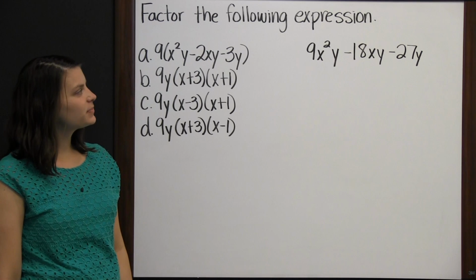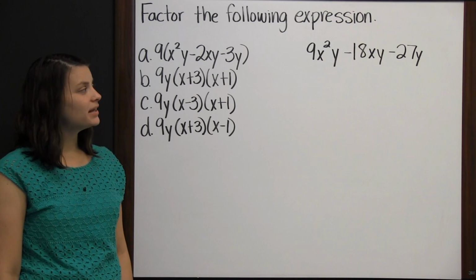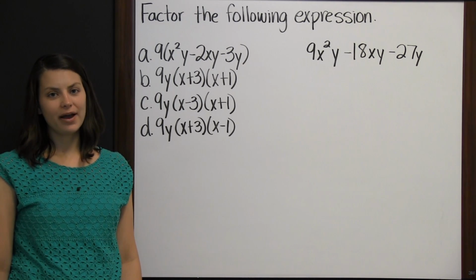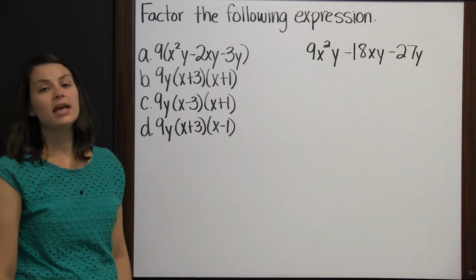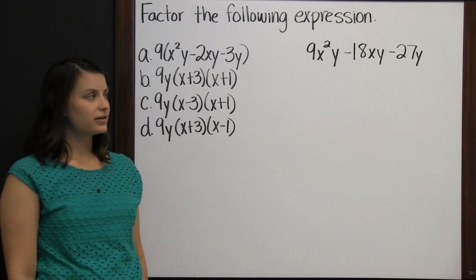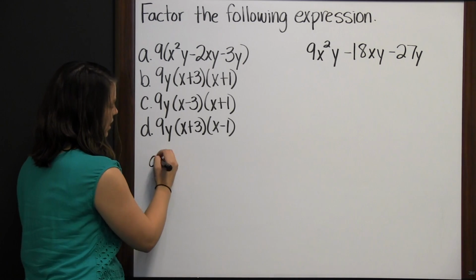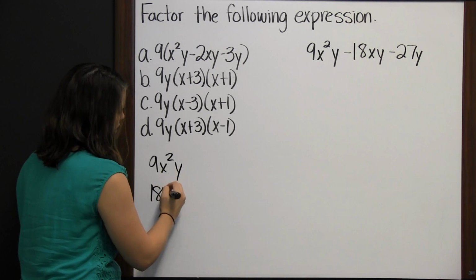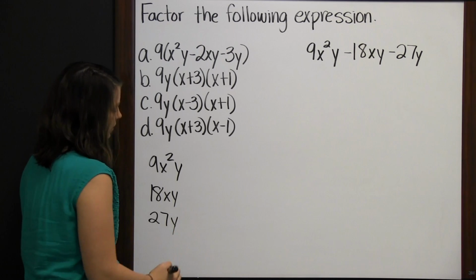Factor the following expression: 9x squared y minus 18xy minus 27y. The first thing we need to do when factoring is to look and see if there's a GCF for our terms. So I'm going to write down our terms: 9x squared y, 18xy, and 27y.